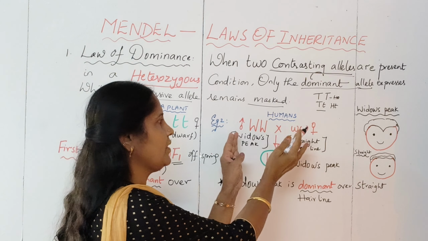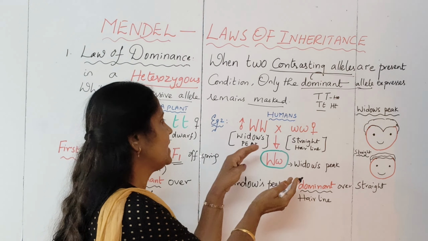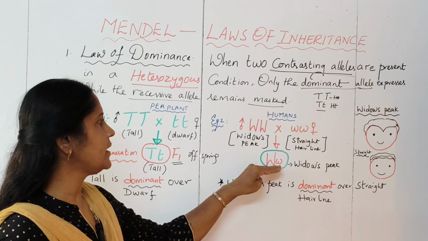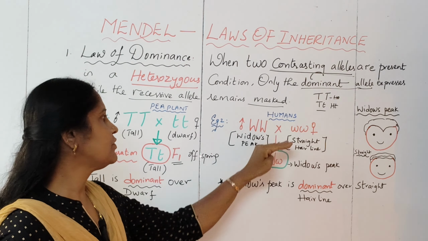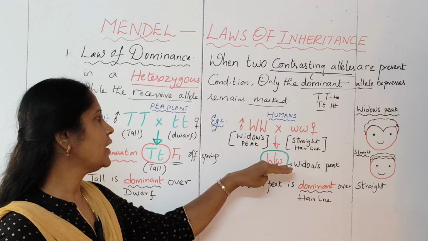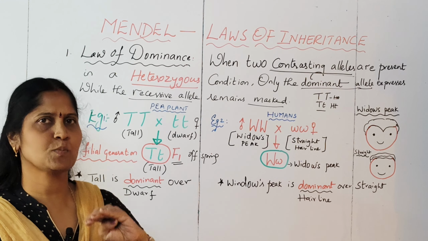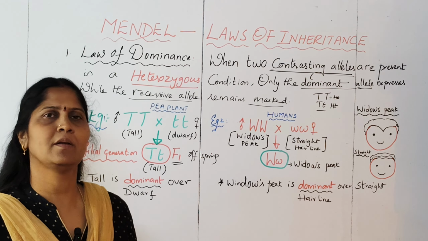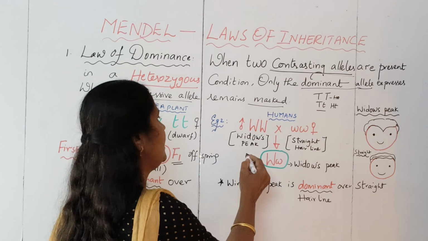Then when mating occurs between both these parents, the child that is born will have the genotype capital W, one from the father, and small w from the mother. Overall the genotype will be capital W small w, and this generation of individuals will be called the F1 individuals.